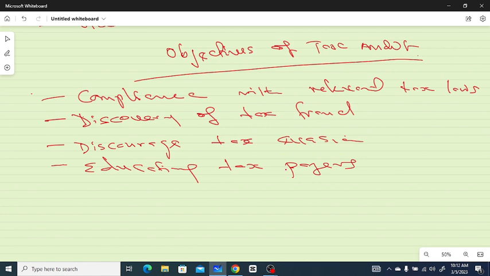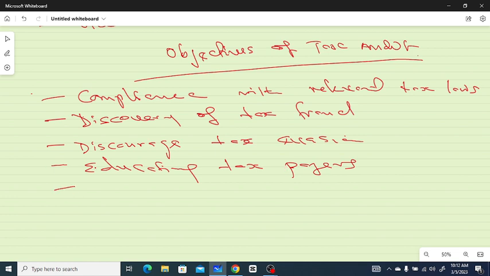They will just file their returns anyhow. But when the tax authority is carrying out tax audits, they will educate them: in computing your tax returns, you are expected to include this, that, and this, or not to include this. With that, they are educating the taxpayer.